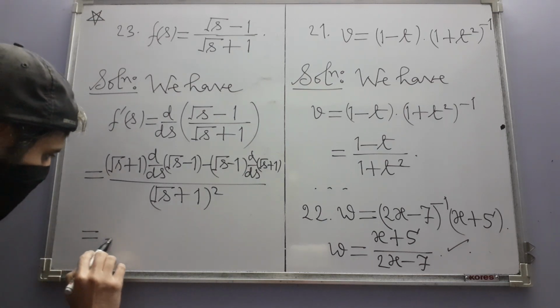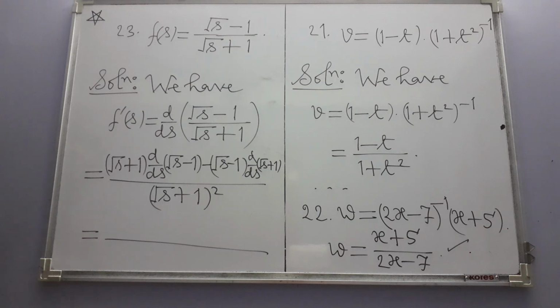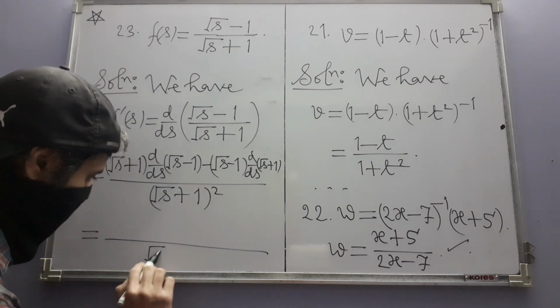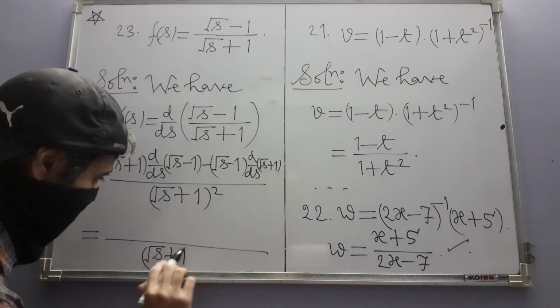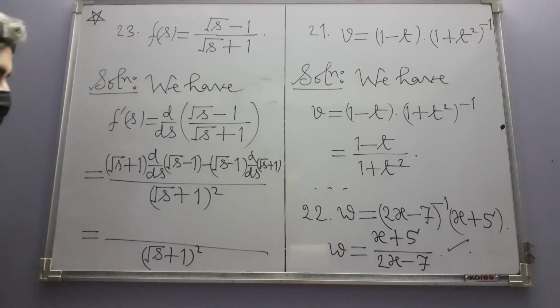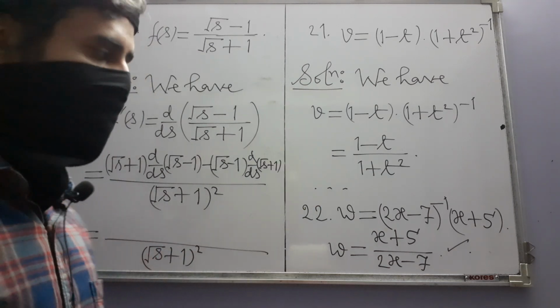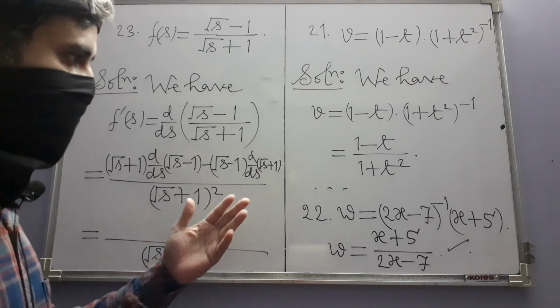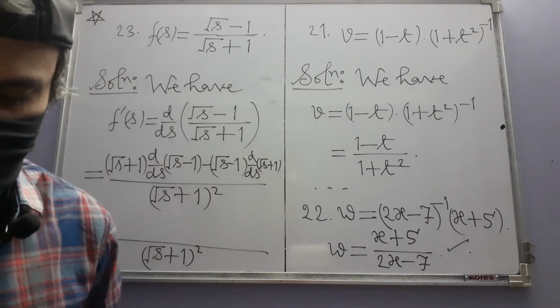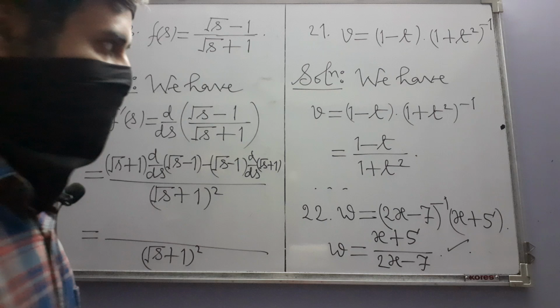And now, if you remember, what is the derivative of root s with respect to s? It is 1 divided by 2 root s. If you cannot remember how that is the case, let's go through the details here.